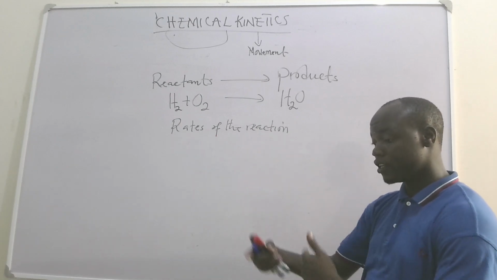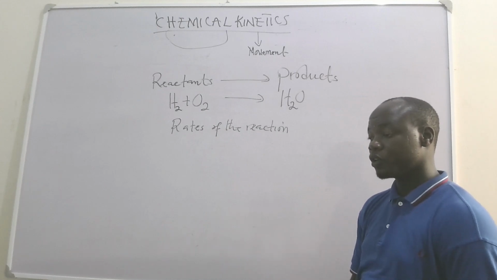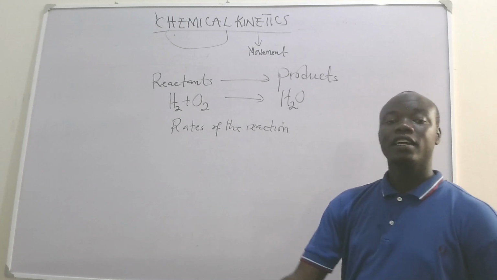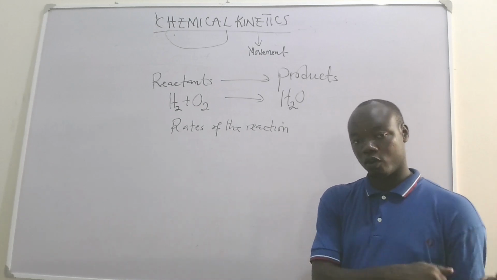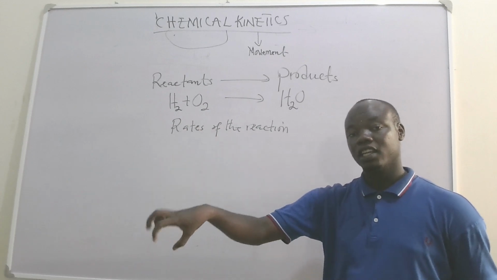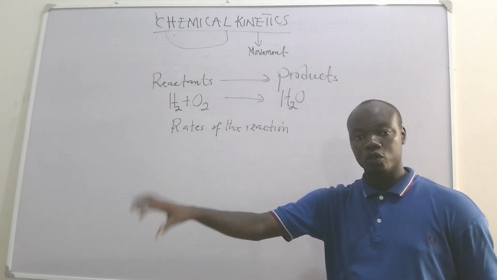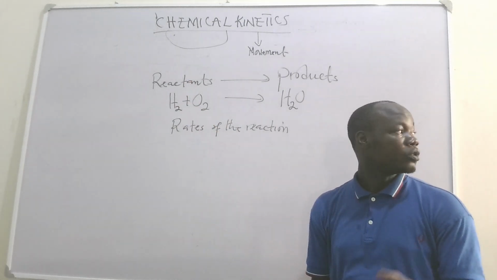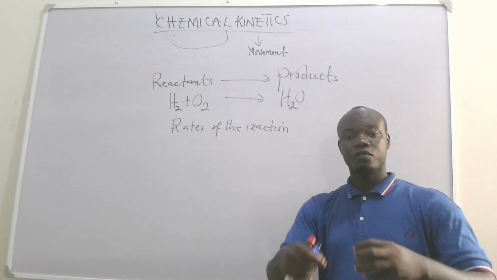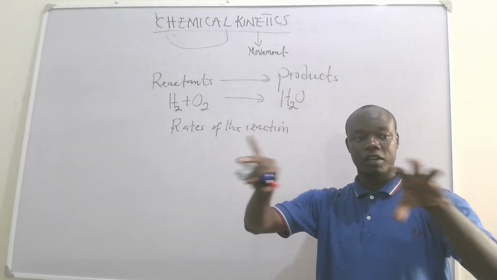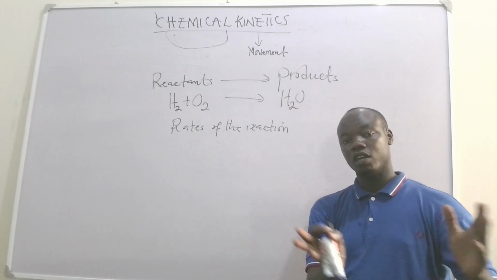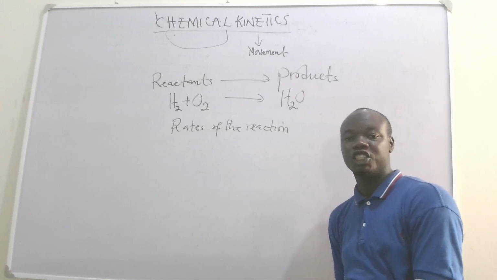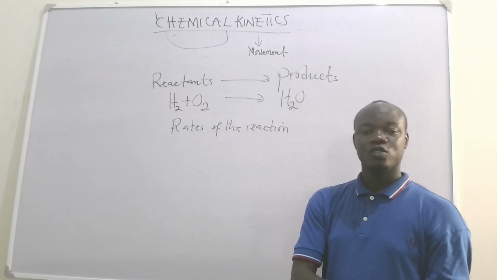In the process of the reaction, the reactant particles are the ones reacting to form a product. So we expect the reactant molecules to decrease and the product molecules to increase.